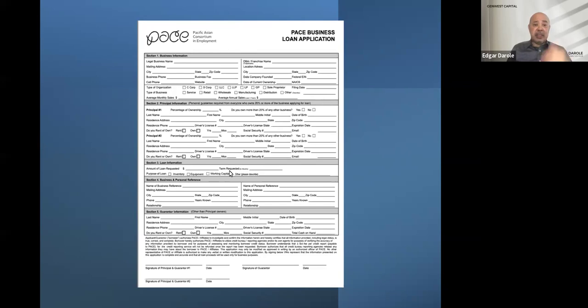Then the next line is the organization, whether you're a C Corp, S Corp, LLC, or a sole proprietor. Then it will ask for your average monthly sales and your average annual sales. Why is this important? Because it tells the underwriter or processor the type of volume you have. Like I said, this is a snapshot of your application form.